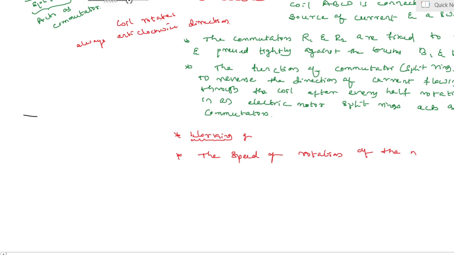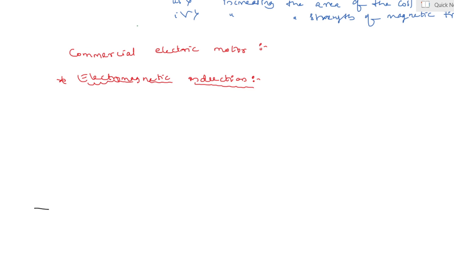An electric current produced in a closed circuit by a changing magnetic field is called induced current. This phenomenon is called electromagnetic induction. This was discovered by Michael Faraday. Yes, my students, what is meant by electromagnetic induction?